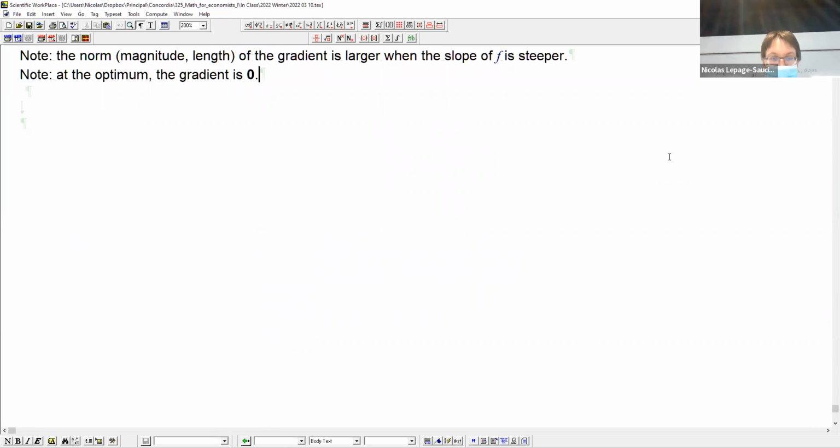So for instance, imagine that I have x, y. So the gradient, dz dx is going to be y, and dz dy is equal to x.